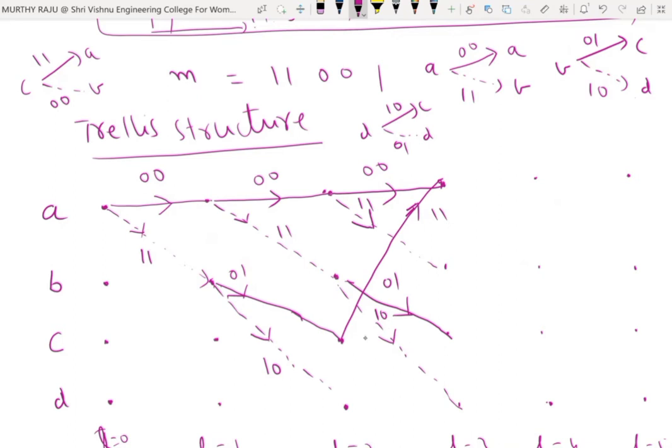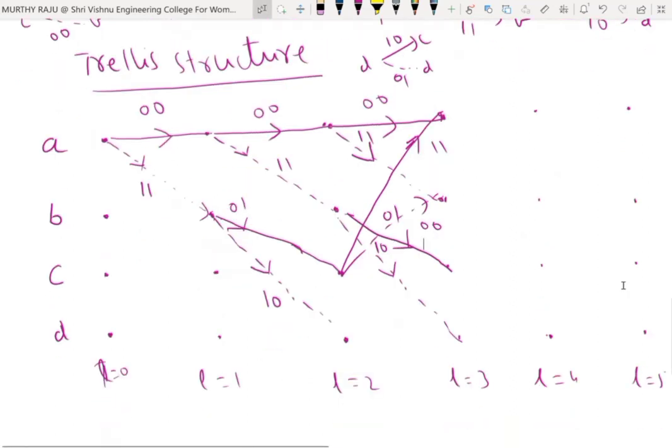C to B, its output is 0 0. Next one D to C. Here D to C, with output 1 0.